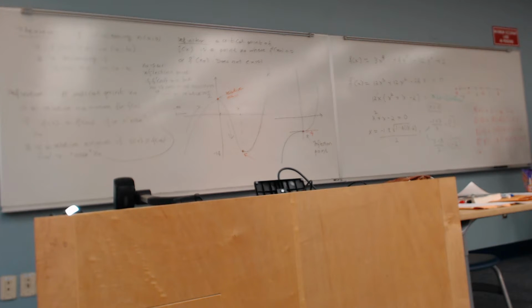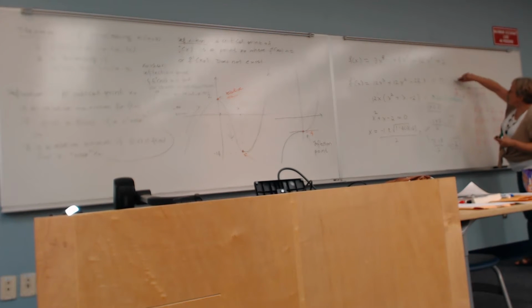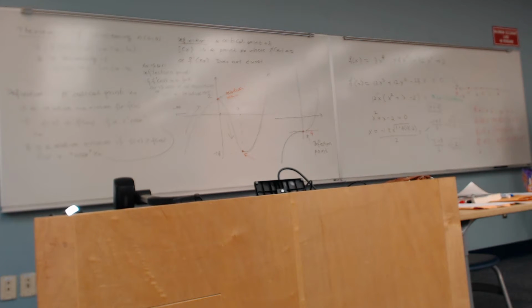The slope is negative, so your hand starts from the desk and goes toward the floor. So at minus 3, the function goes down.